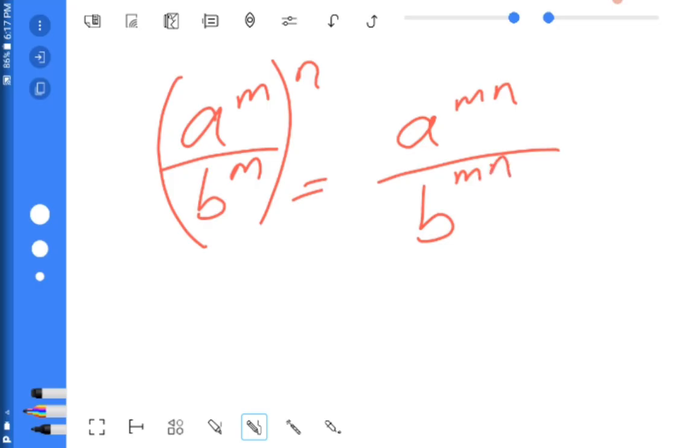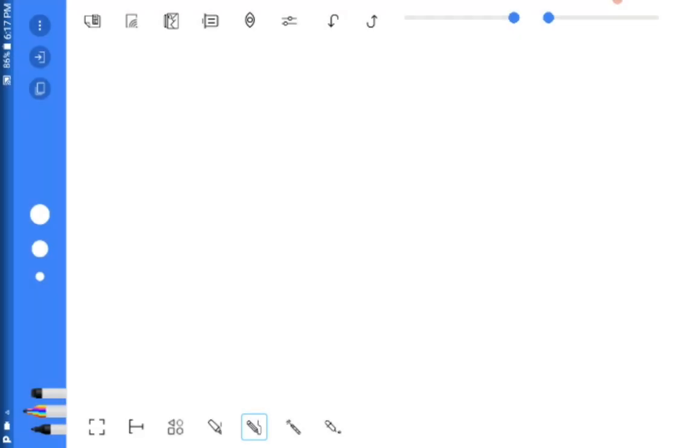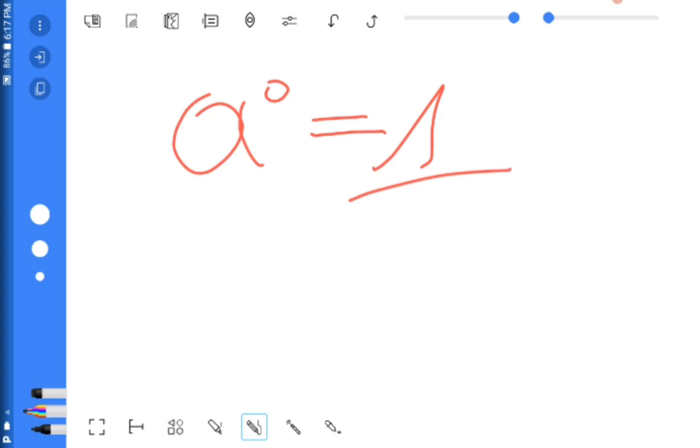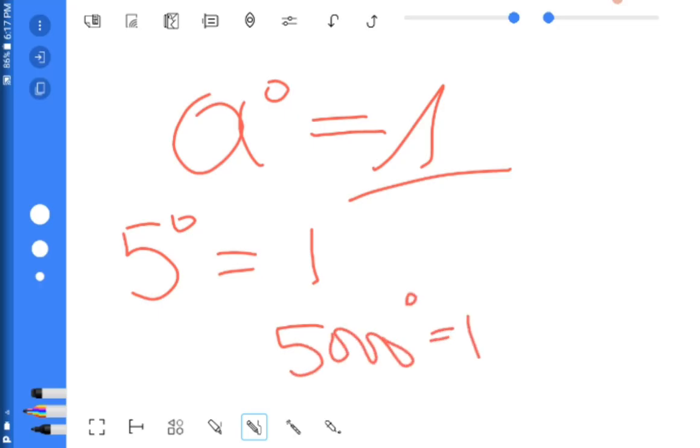The next law of indices is the 0th power. Anything raised to the power of 0 is equal to 1, which means that 5 to the power 0 is 1, 5,000 to the power 0 is 1, 25,000 to the power 0 is 1.